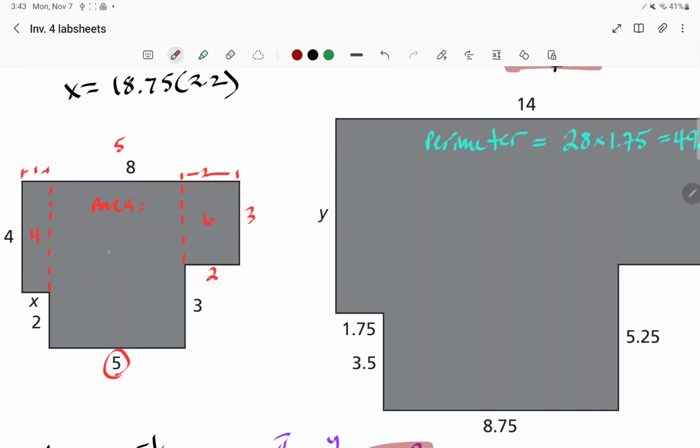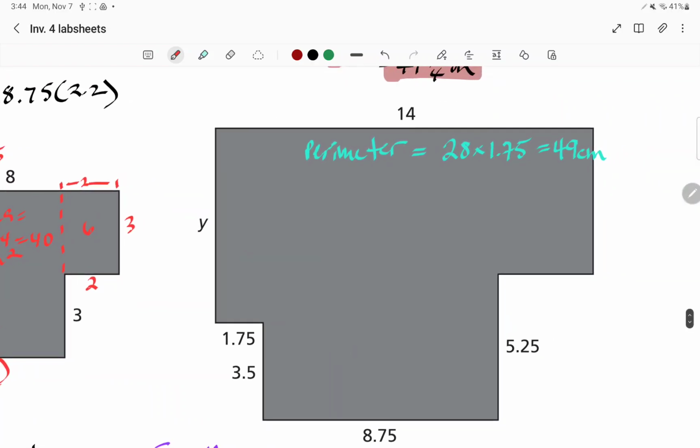And the area of this square in here will be 30. Now to find the total area, we add those together. So 30 plus 6 plus 4 will give you 40. Okay, units squared or centimeters squared, whatever this is in. I think it's just centimeters. So it's going to be centimeters squared.